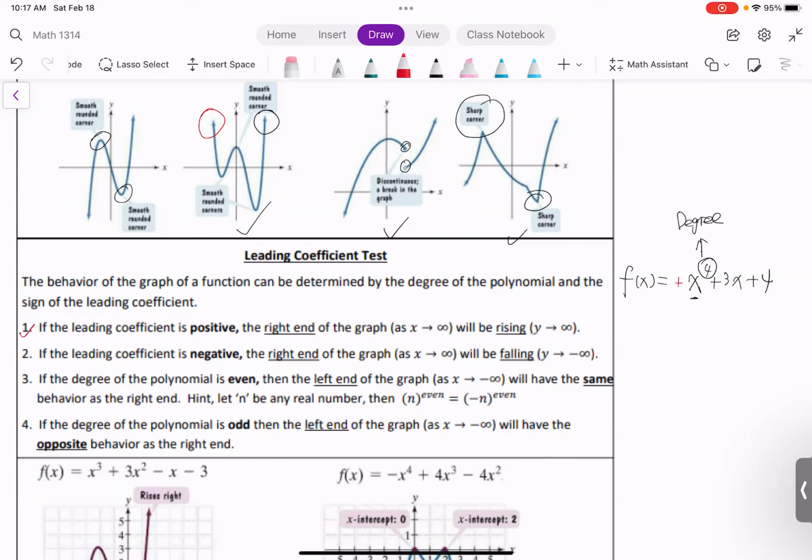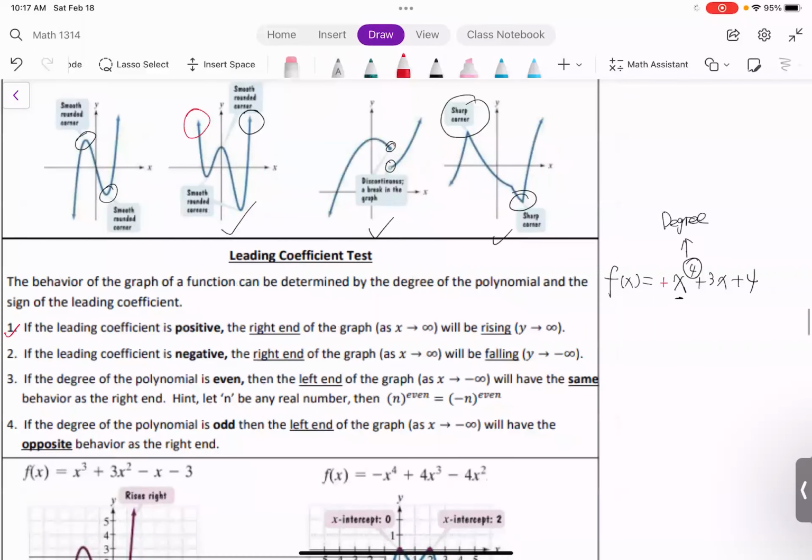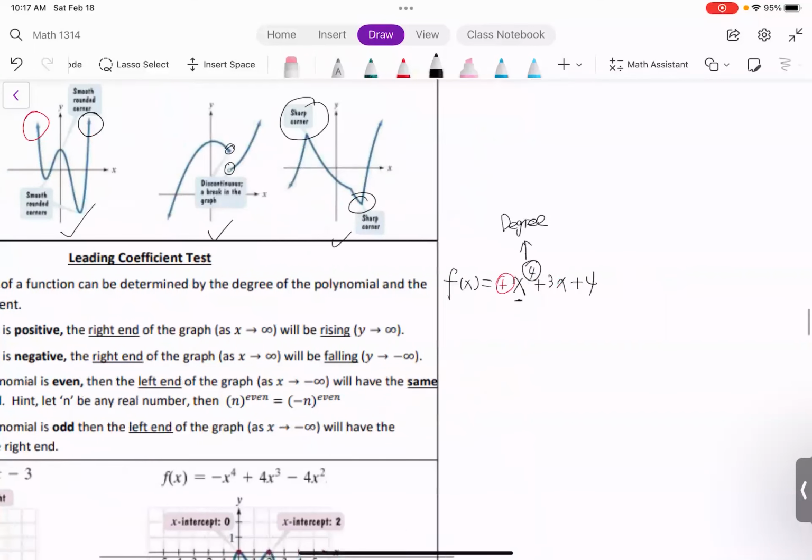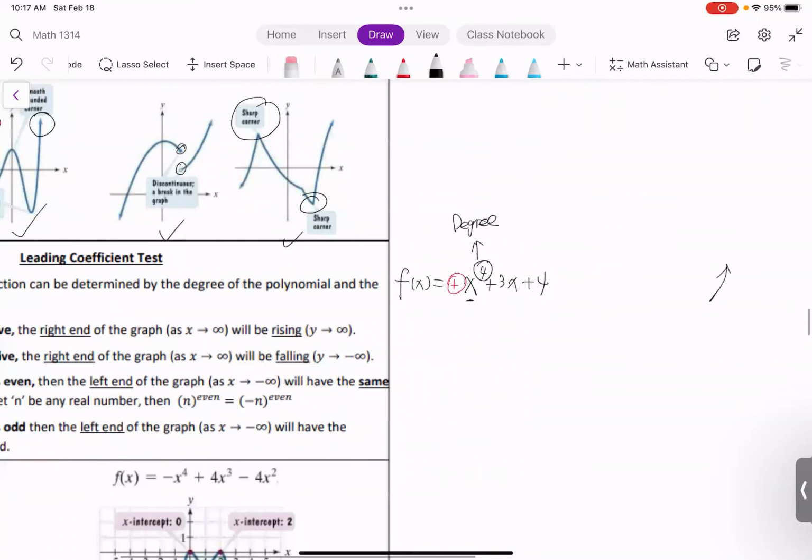How to decide? Number 1, if the leading coefficient is positive, the right end of the graph will be rising. Let's see this one. Yes, it's positive because in the example we have a positive leading coefficient. So the right end is rising, going up.